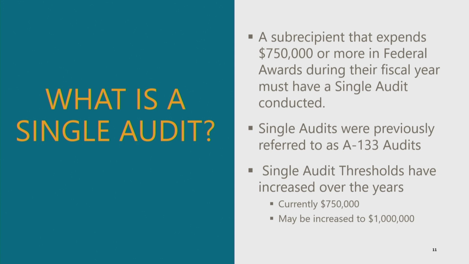The Single Audit Act of 1996 set that threshold at $300,000. And in 2003, OMB increased it to $500,000. And the adoption of the uniform guidance raised that threshold to the current $750,000. There is currently a big push to raise that to $1 million. However, there's been no firm decision or effective date for that.